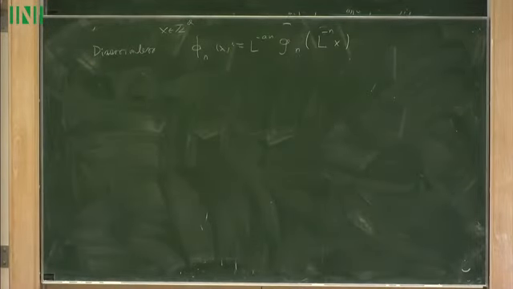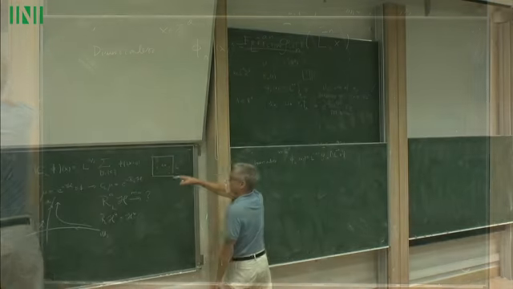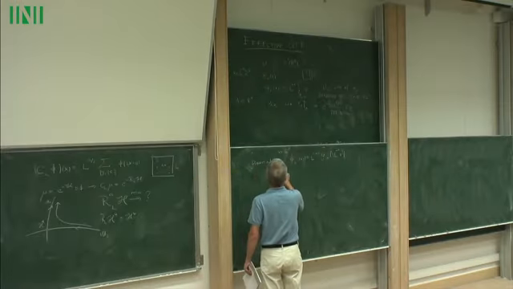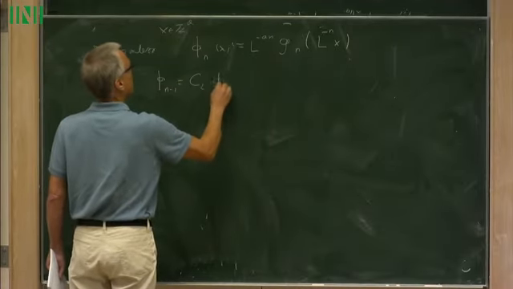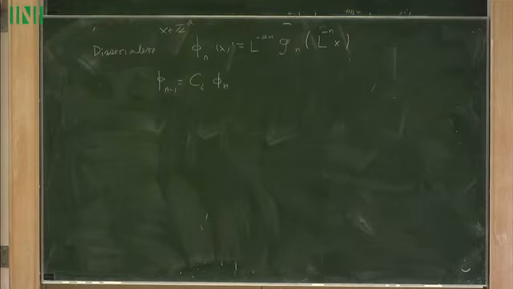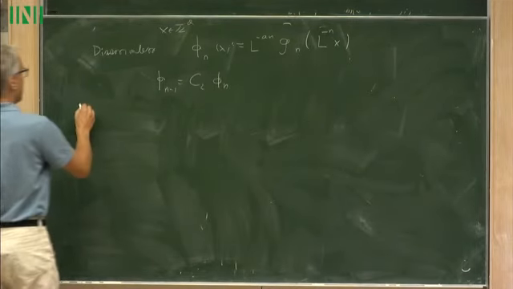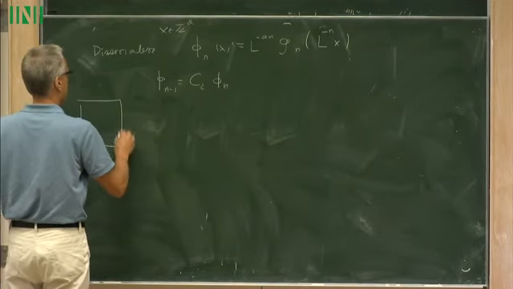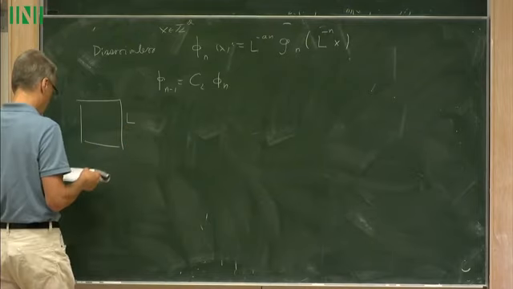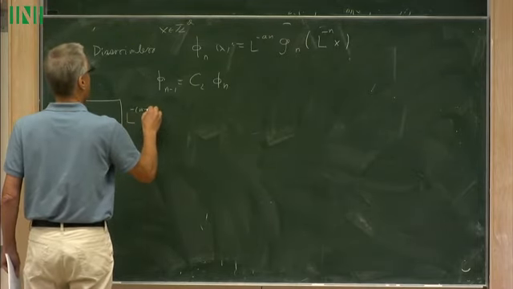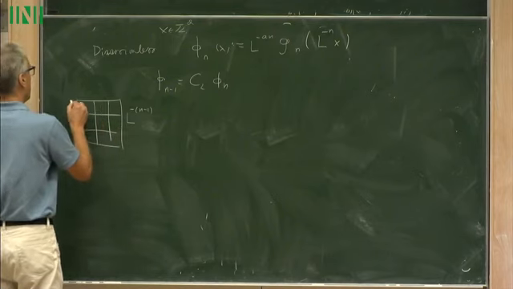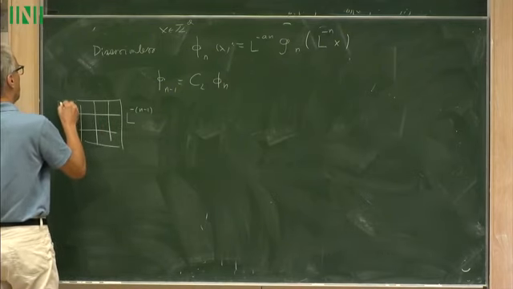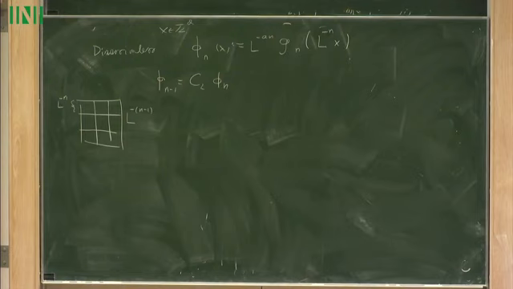And then how are these guys now related? Well, it should be obvious. Phi_{n-1} is just C_L of phi_n. And if you want the picture, so here is L to the minus (n-1) cube. I'll divide it into L to the minus n cubes.